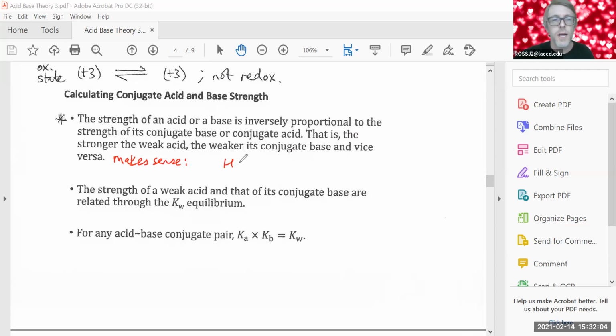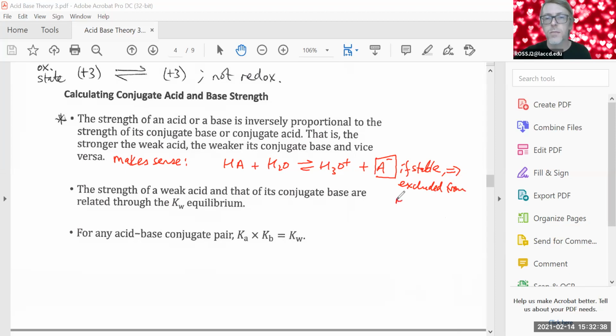If you have a general acid and water in equilibrium to give hydronium and the conjugate base, well, if this is stable, it will be essentially excluded from the reverse reaction, right?